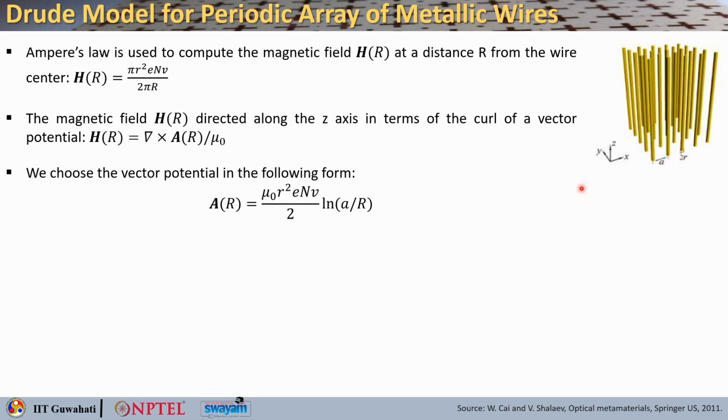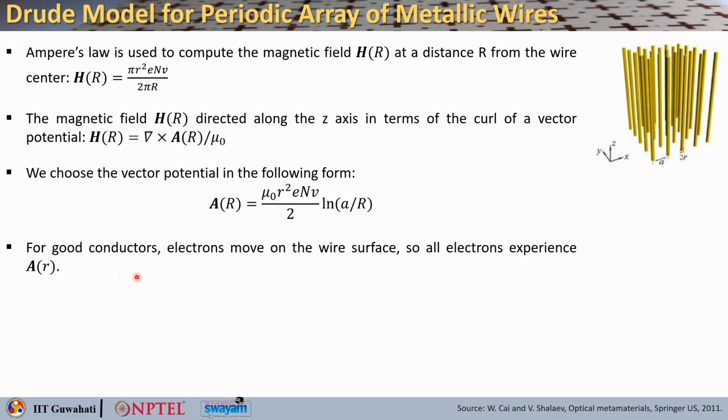In that case, due to lattice symmetry, you can consider the vector potential A r in this particular form: mu naught r square e n v divided by 2 ln a by r. I am not going into the details of this; you can look into the papers by Professor Pendry if you want the complete mathematical details.